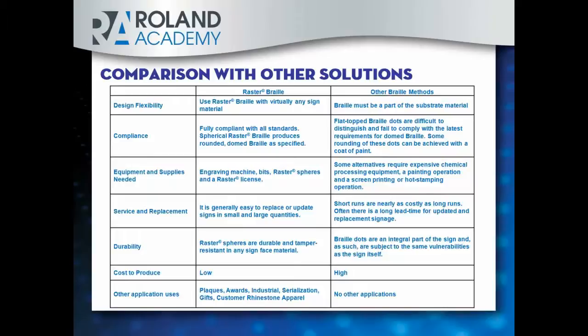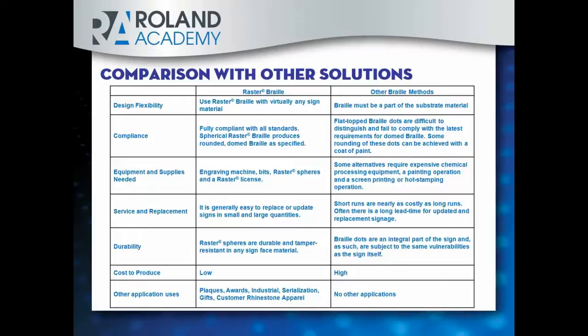Compliance. As far as compliancy, the raster braille method is fully compliant. Okay, whereas with the photopolymer method, again, the flat top braille dots are difficult to distinguish and actually will fail to comply with the latest requirements of the 2010 standards. So, adding paint, things like that will give you some rounded dots, but it's not going to be perfectly domed.